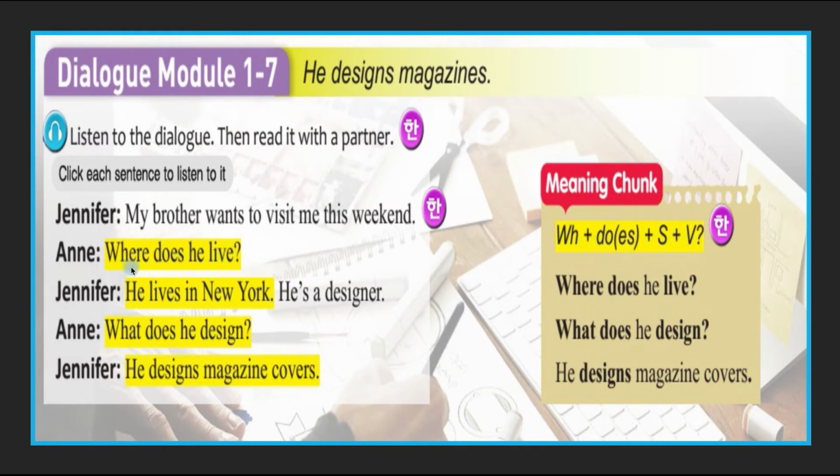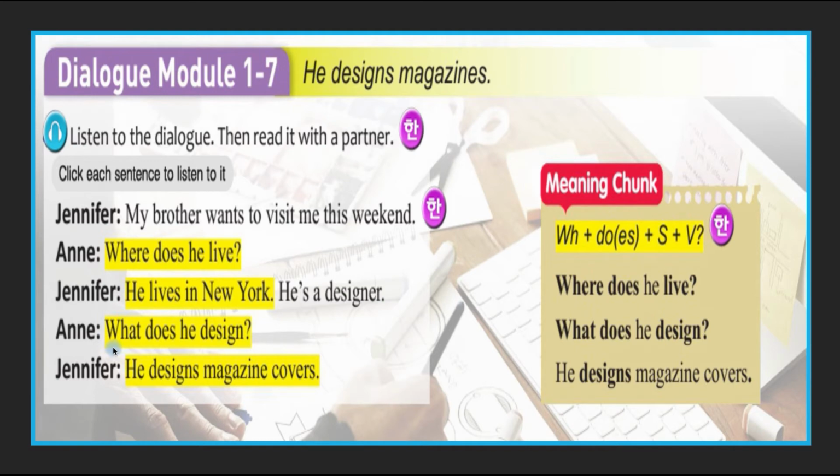It creates a question. Where does he live? Question. And then Jennifer answers, it changes, he lives, and then the where. In New York. Answers the where. And then she says he's a designer. But the point here is Anne asked no question. TMI. We'll come back to that. We'll come back to that later.